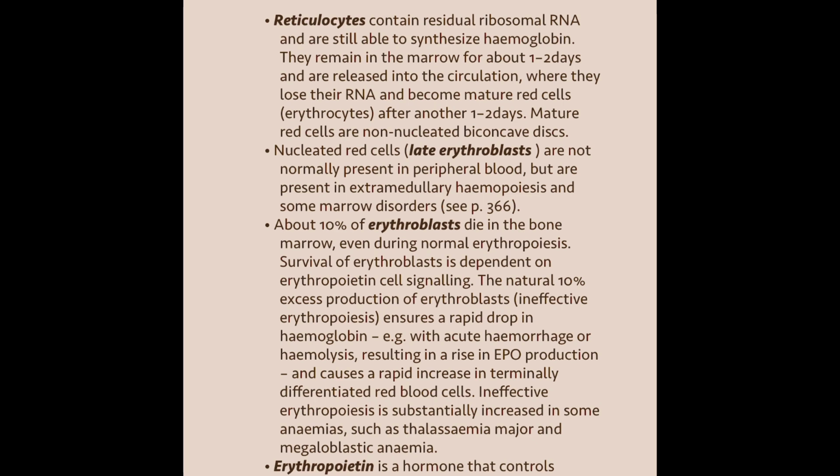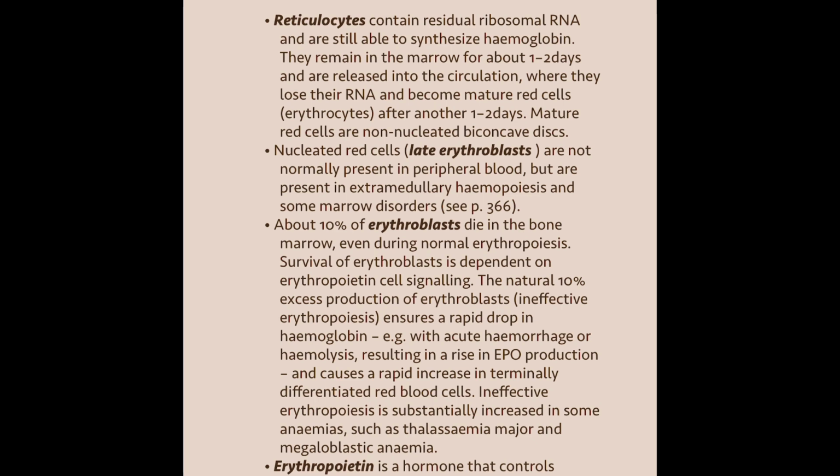After another 1 to 2 days, mature red cells are non-nucleated biconcave discs. Nucleated red cells, late erythroblasts, are not normally present in the peripheral blood but are present in extramedullary hemopoiesis and some marrow disorders, see page 366.